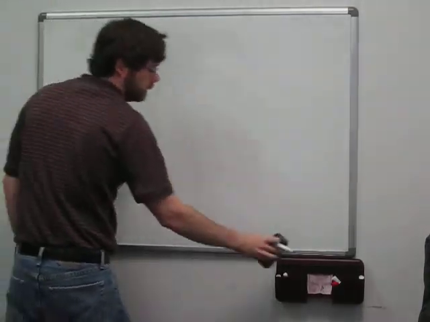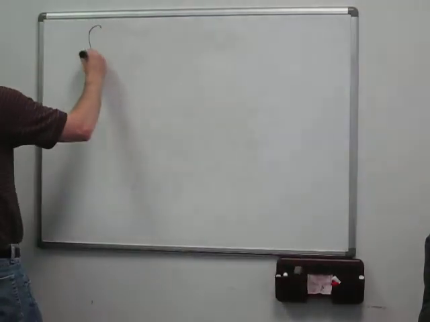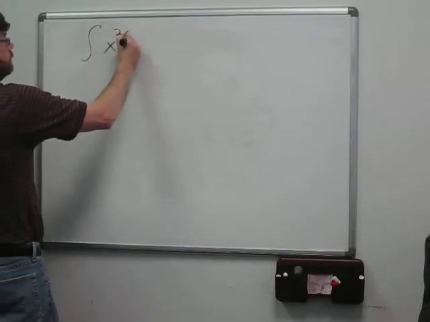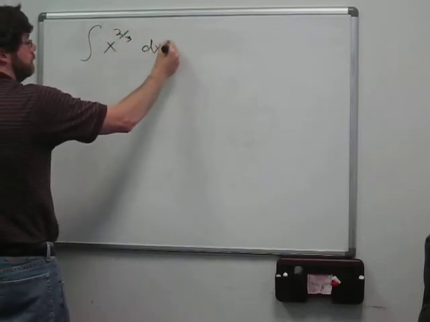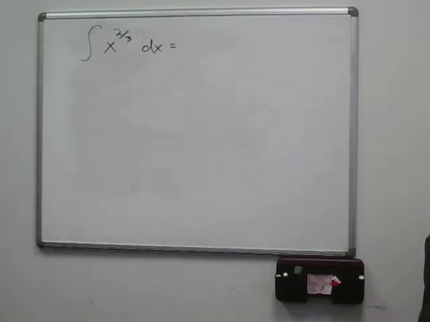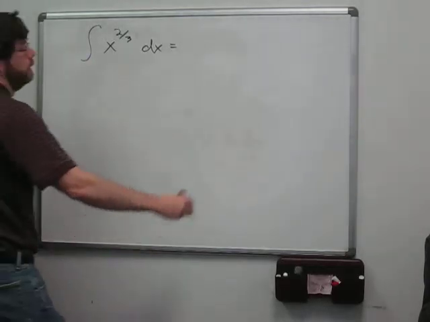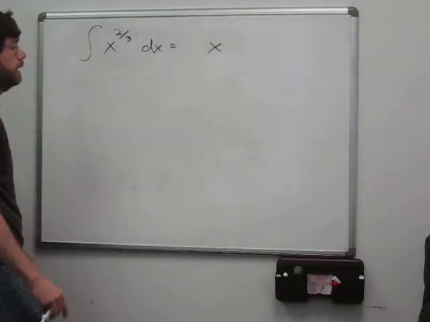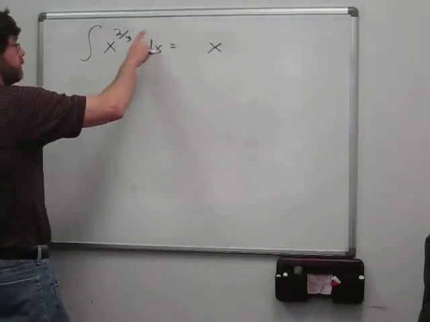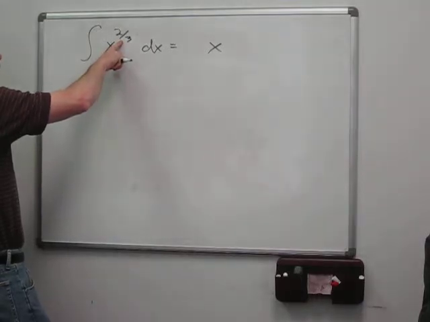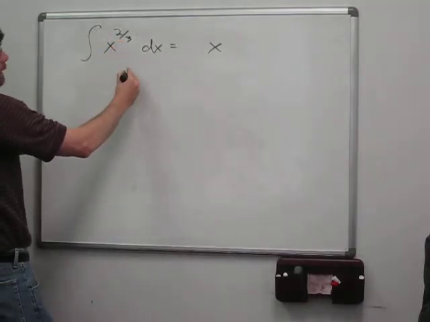It even works with fractional powers. Suppose we want to find the antiderivatives of x to the 2/3. Well, I need a power that when I subtract 1 I get 2/3. So let's take 2/3 and add 1 to it.